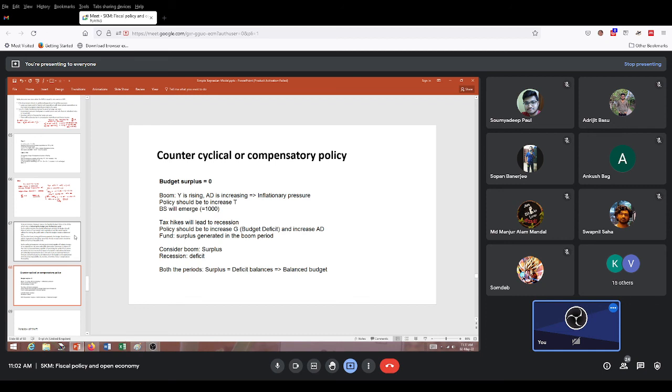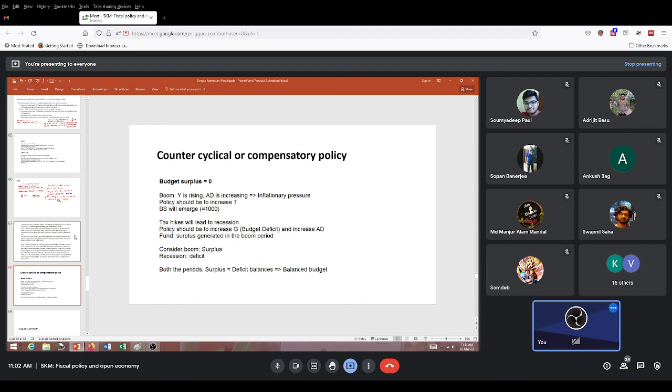Suppose you have a small boom, your budget surplus is 1000. The recession is very deep and continues for 10-15 years. So how much do you have to increase government spending by? Will 1000 do, or will you require more amount?